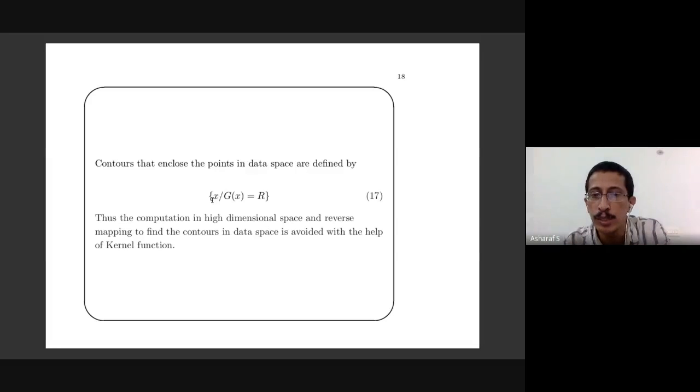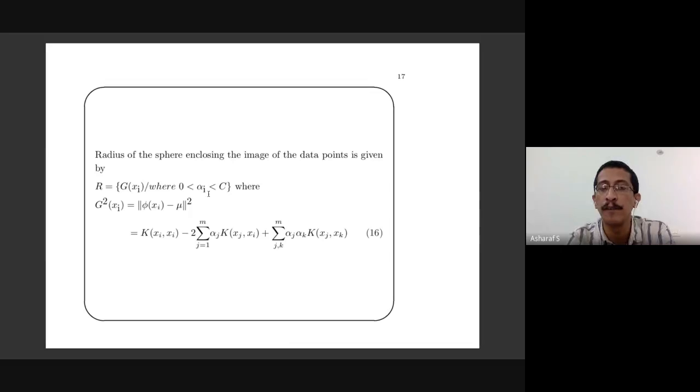All I need to do is identify those x's in the original space where g(x), which is essentially the distance of those points from the center of the feature space sphere, is equal to R. Essentially, the points which are at a distance of R from the center in the feature space.